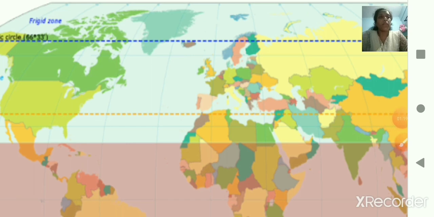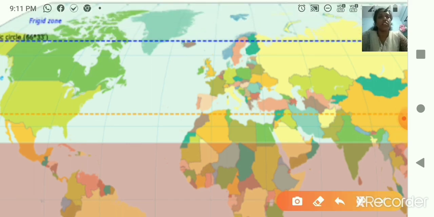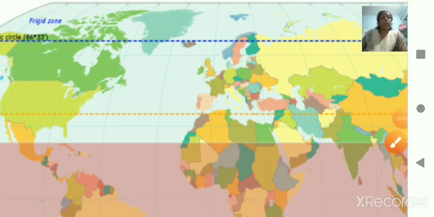On the map or on the globe, we can see this part is the frigid zone. Some countries have land in the frigid zone. That is the United States, Canada, Russia, Sweden, Finland, Norway have land in this zone.